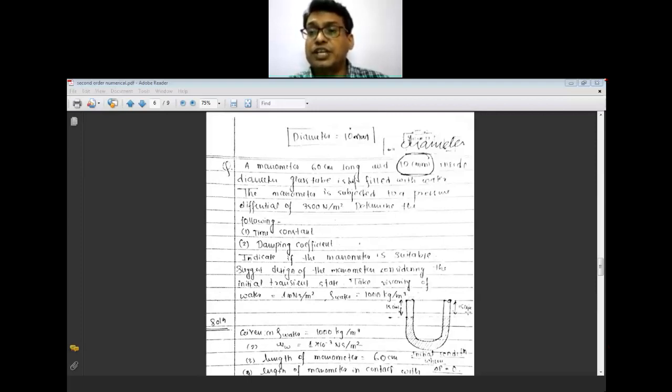The change in the height can be another variable, depending on the pressure. Then the extended length of the manometer tube can be one parameter. Then the diameter of the tube. Then the length of the fluid.